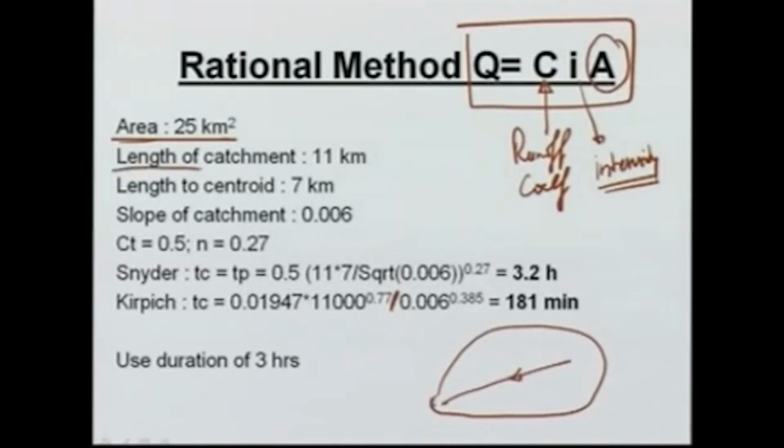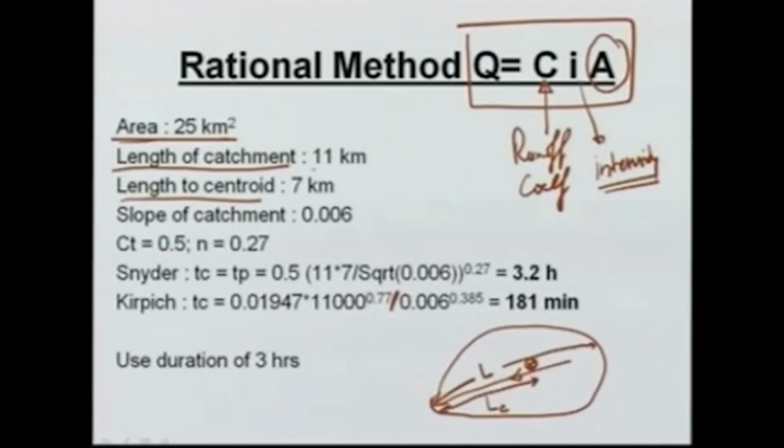The other parameters which are given for the catchment are the length and the length to centroid. So, the length along the water course L, and then the centroid of the area may be somewhere here, the point directly opposite that on the water course we can write as LC.